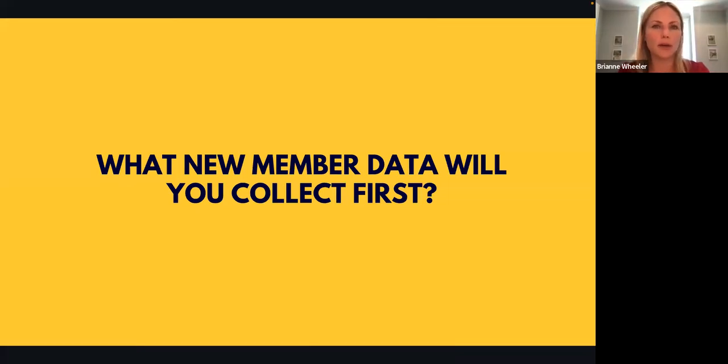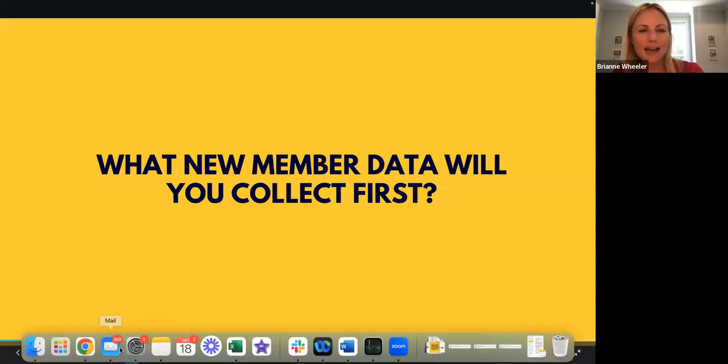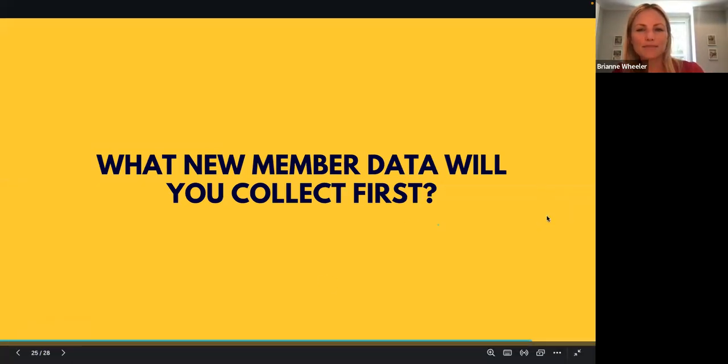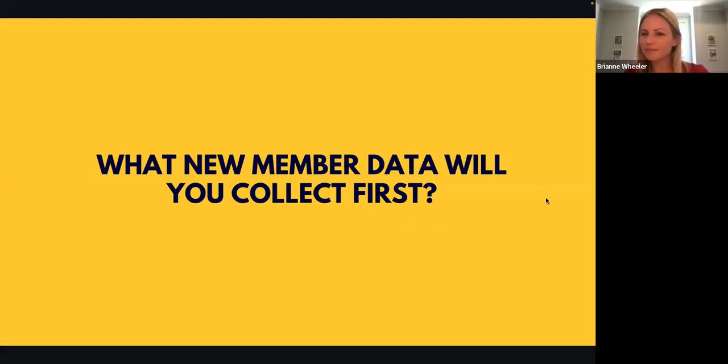How do you want to be communicated with? Because then they can continue to deliver the information to these student members who will be their future members, hopefully. So that's a great one. Any takers on that? Any new member data that you would like to collect? I'll give you a second here to think about it.